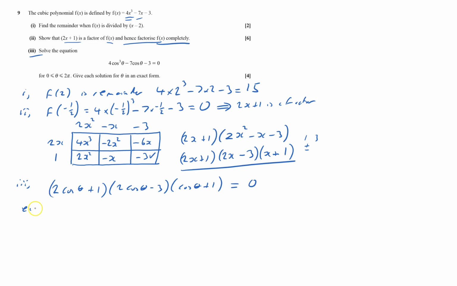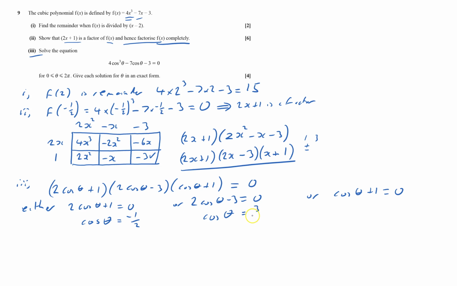And if that's true, something times something times something equals 0, either 2 cos theta plus 1 equals 0, or 2 cos theta minus 3 equals 0, or the final one, cos theta plus 1 equals 0. That says that cos theta equals minus a half. This says that cos theta equals 3 over 2.